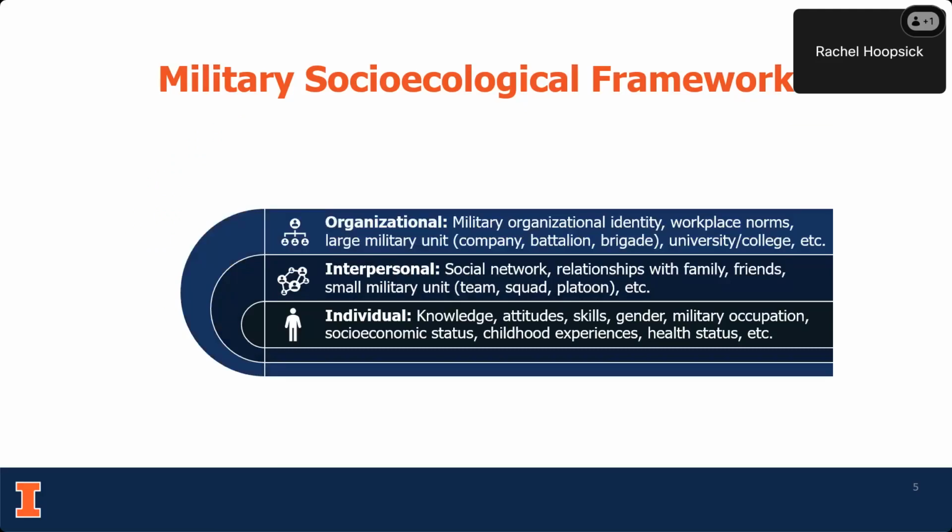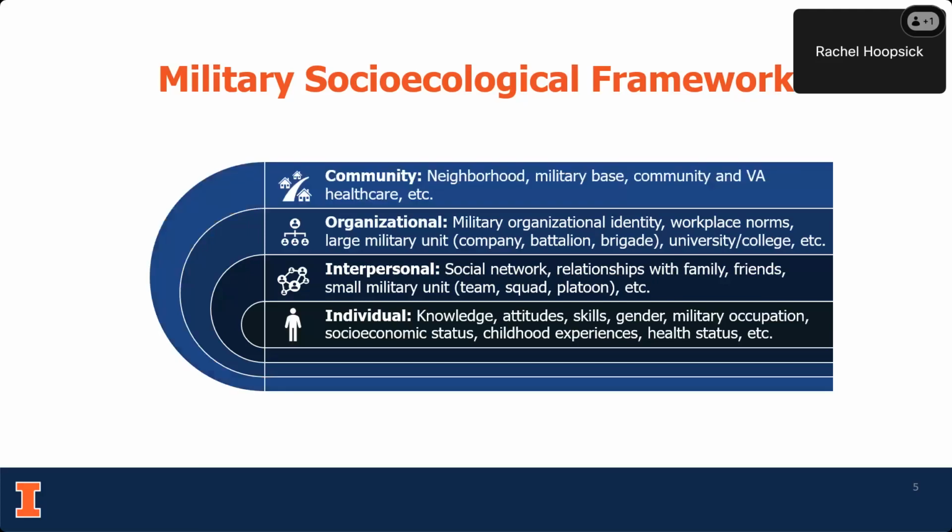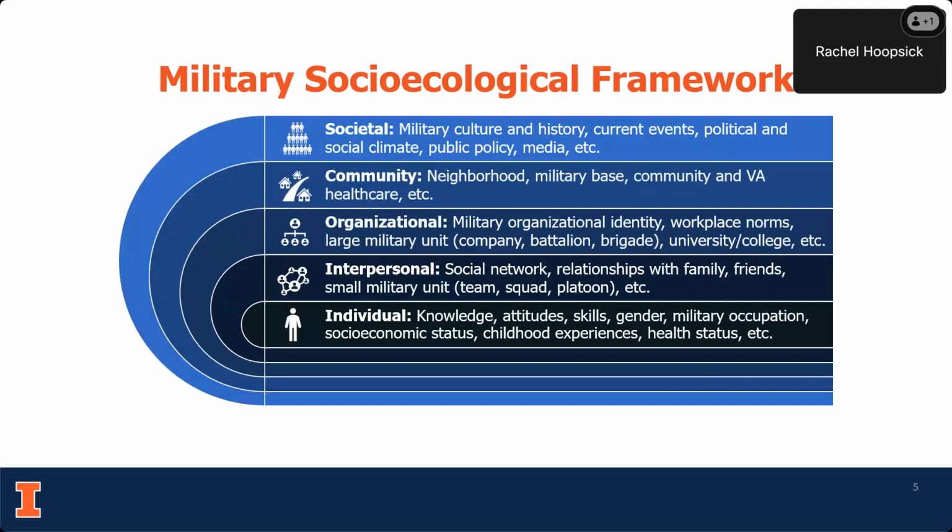Service members also live and work within the context of military culture, which can affect both their risk and resilience to adverse outcomes. Community resources are also important when we think about access to high quality care and broader societal contexts like current events that service members are affected by, including perhaps being mobilized to respond to social unrest, assisting with COVID-19 response efforts, border missions, geopolitical events.